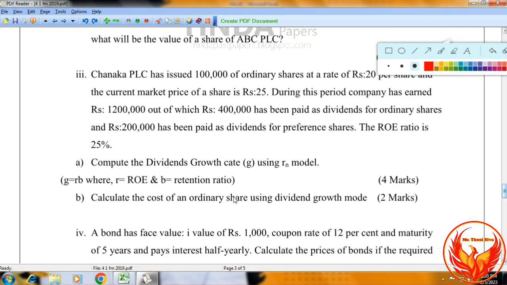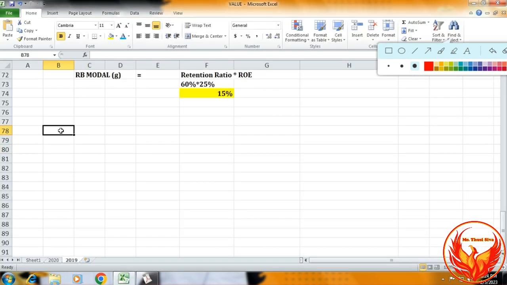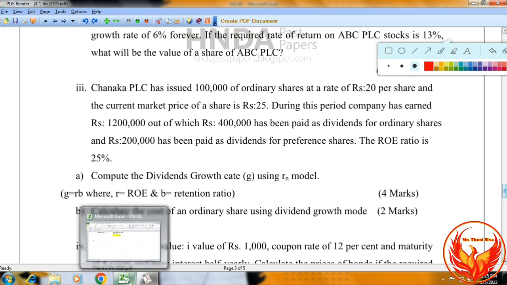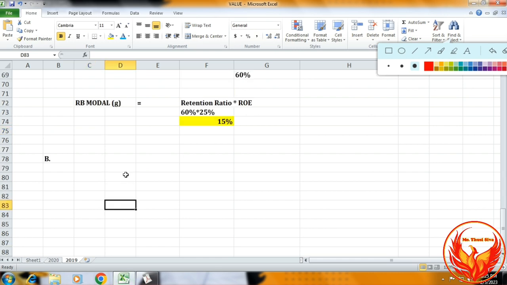B part: calculate the cost of an ordinary share using the dividend growth model. Now we are moving to the B part of the question. We already studied in the cost of capital section how to calculate the cost of ordinary share capital.